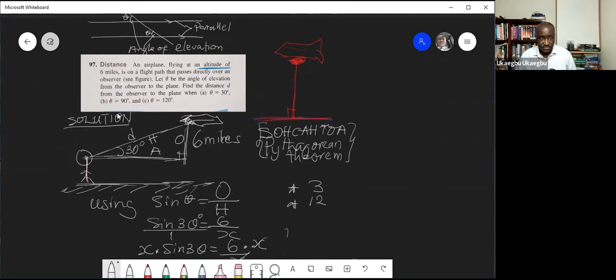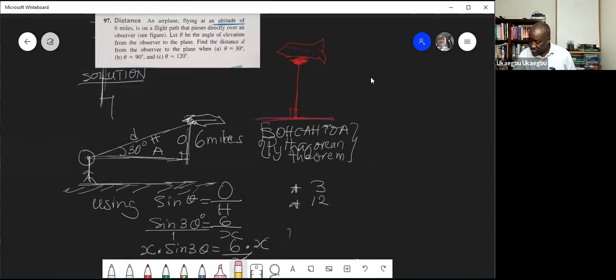It's not done yet. If this person looks up, can you see my screen? If this person looks up, that's when that person is making an angle of 90 degrees. So if this person looks up, this is 90 degrees.